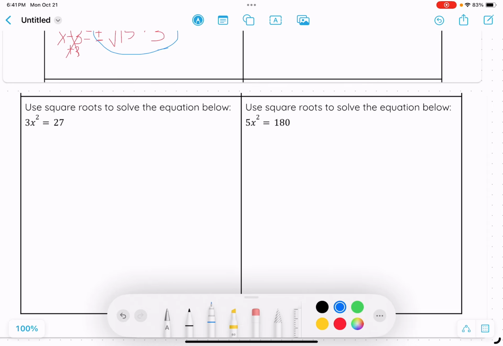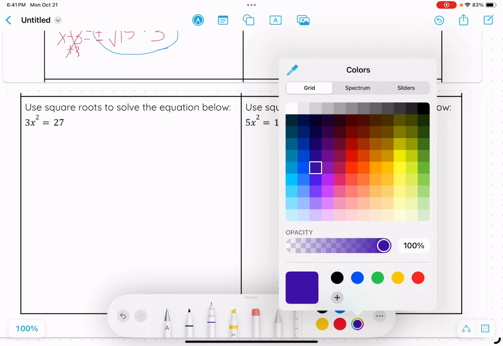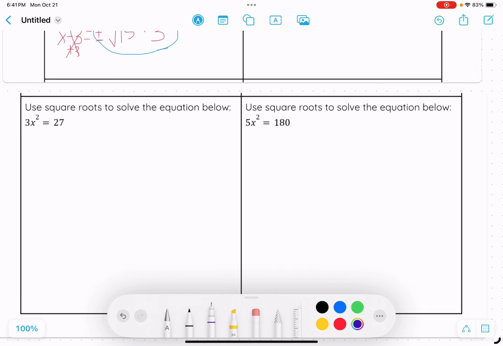Okay, here we go. Here's the last one that we're gonna do together on this video. Okay, so here we do have a perfect square embedded in this, but it's that x squared. So our goal is we have to get x squared by itself. So how do we get rid of this 3?